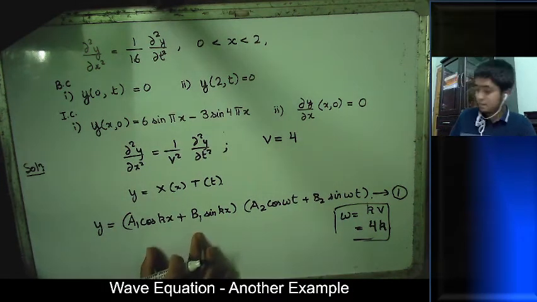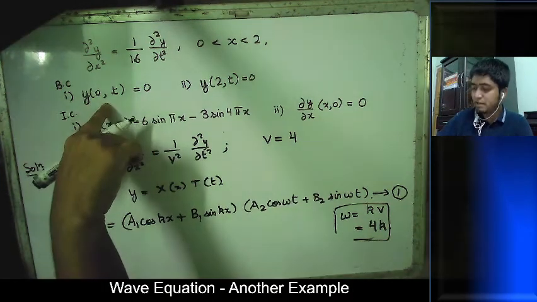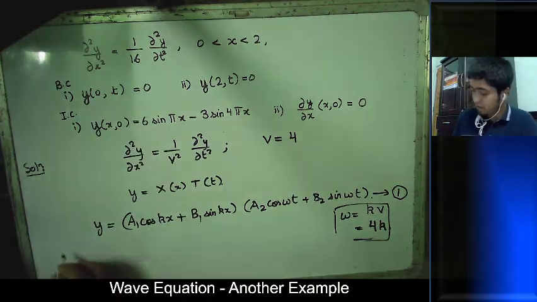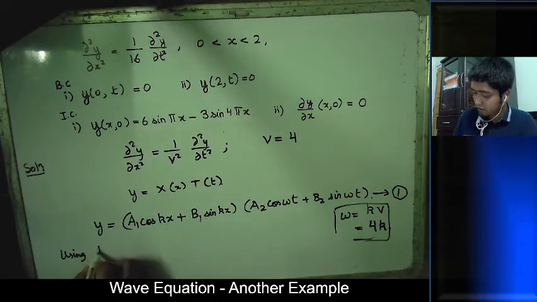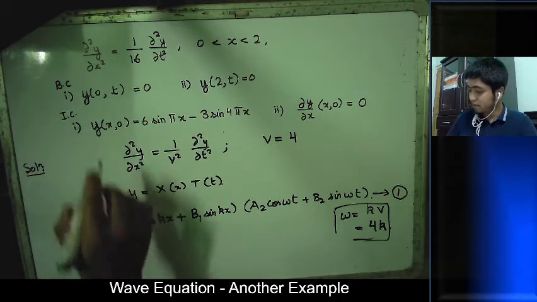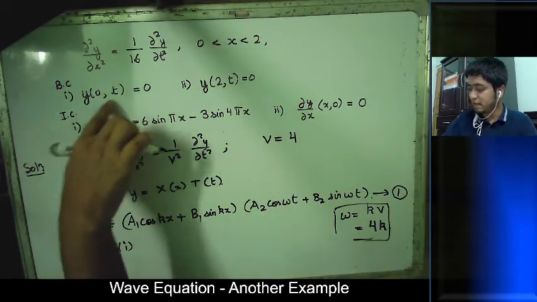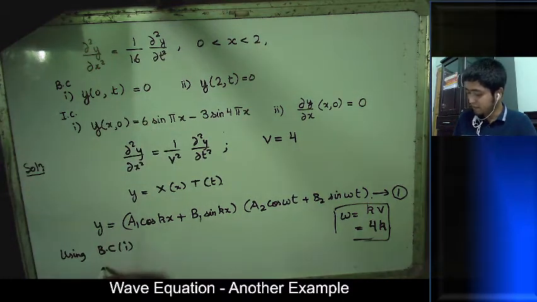Now, after getting this solution, we will be using the first boundary condition, BC1. The value of x is 0 and time will always remain as t.